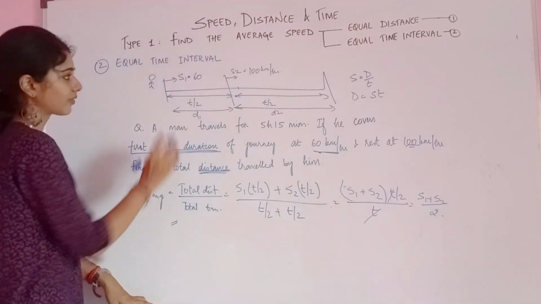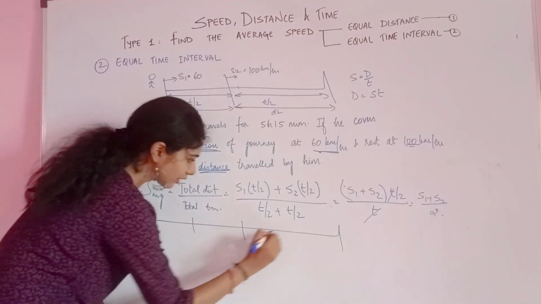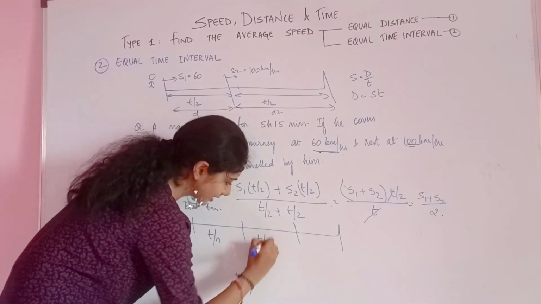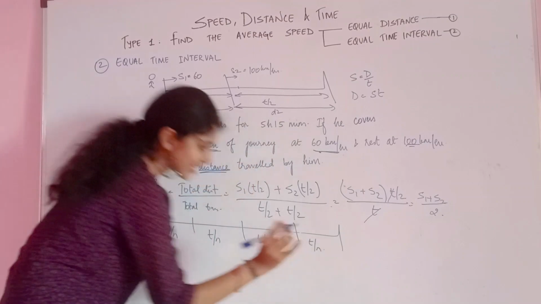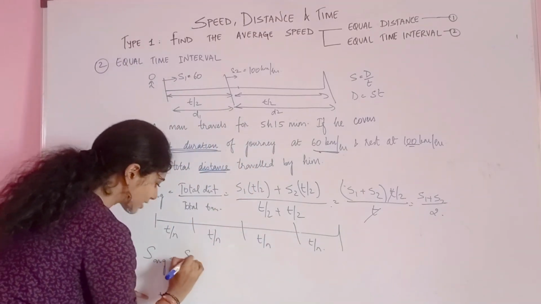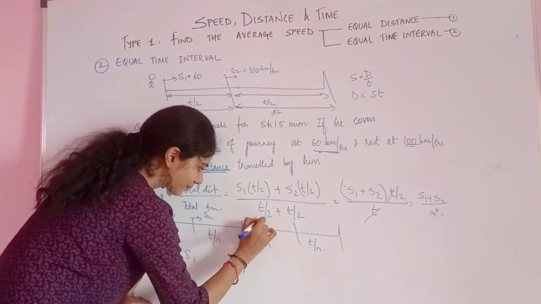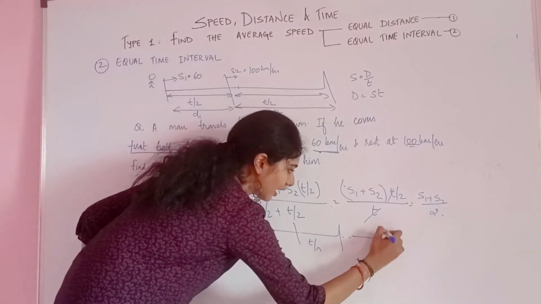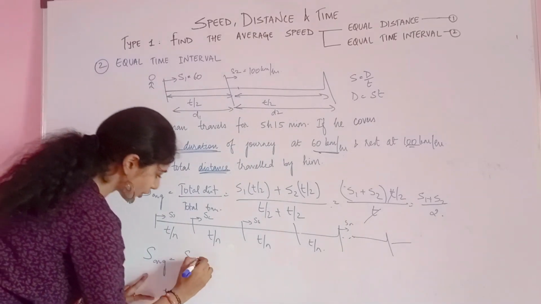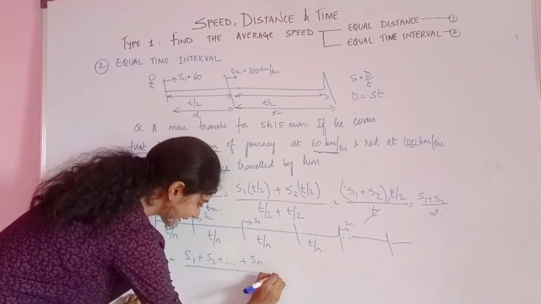But suppose that it is not in this format, but rather it is divided into different time intervals like this: t by n, another t by n interval, another t by n interval, and there are n intervals actually present. Then the speeds are S1, S2, S3, so on till Sn, and the S average is going to be S1 plus S2 plus so on till Sn divided by n.